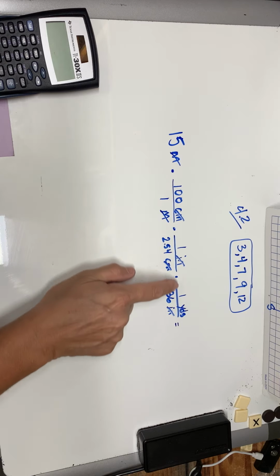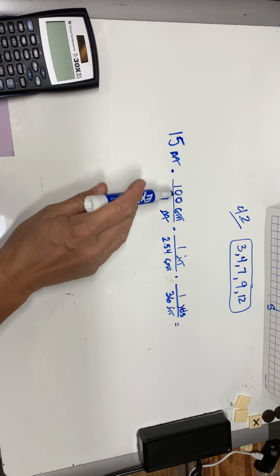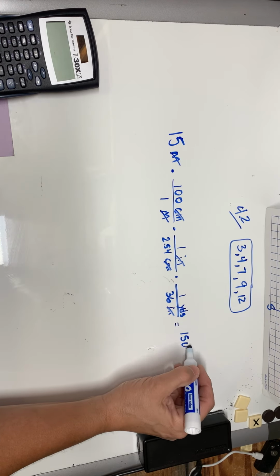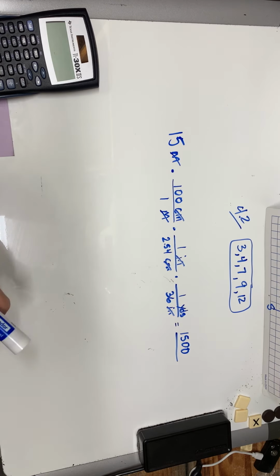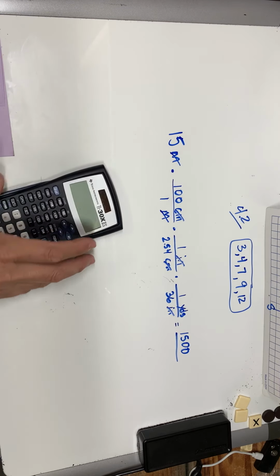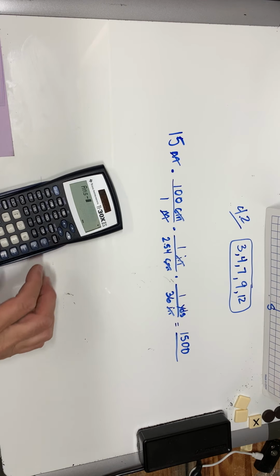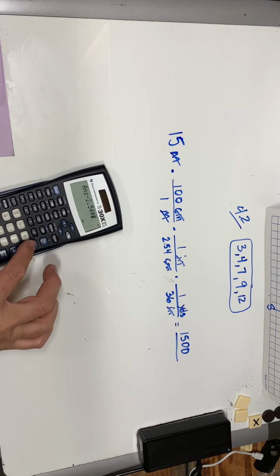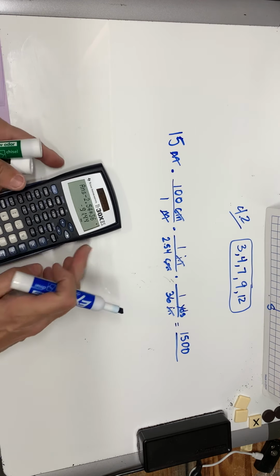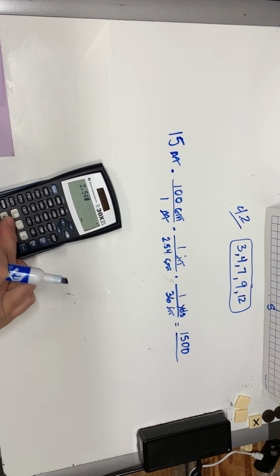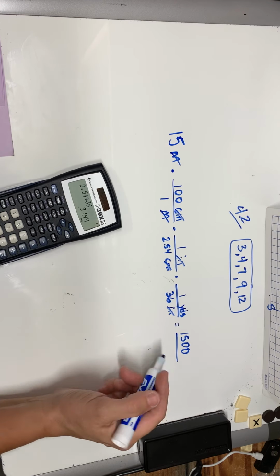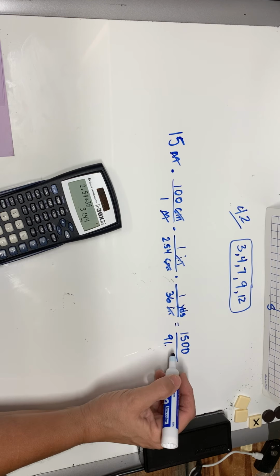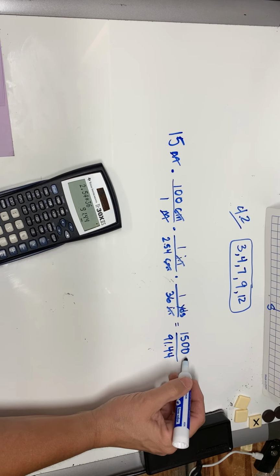So I'm going to multiply everything on top. So 15 times 100 is 1500. Multiply everything on bottom. So 2.54 times 36 is 91.44. And these are yards.